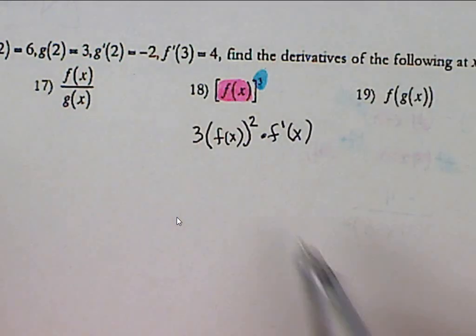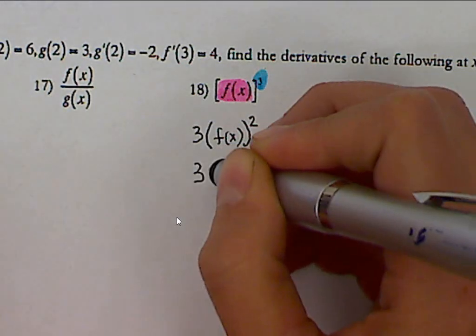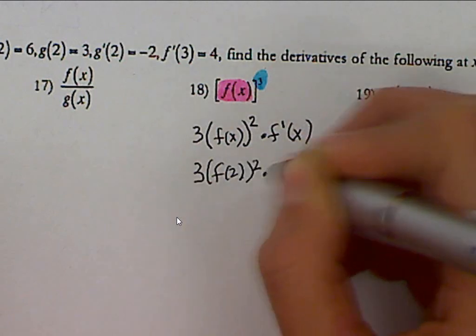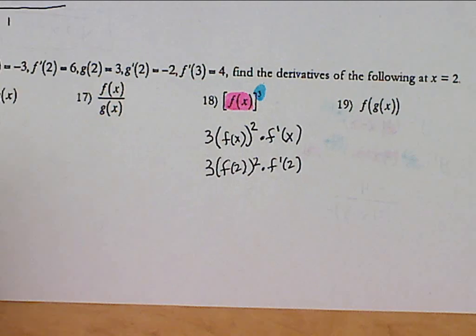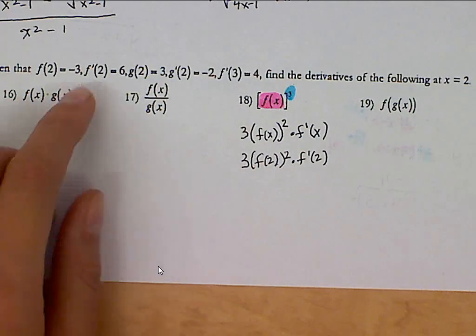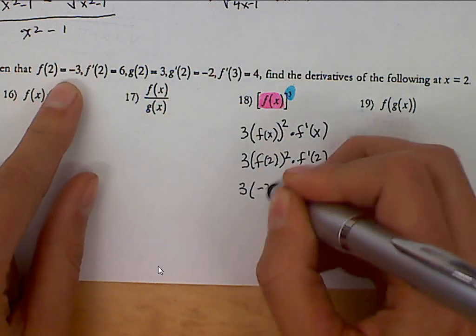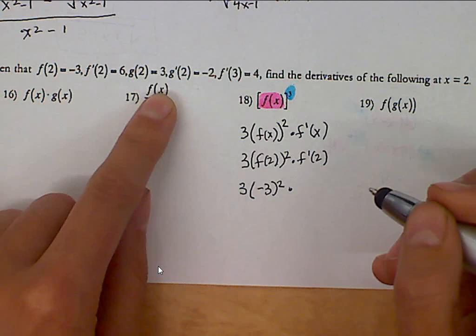So here is the derivative of that function, using the chain rule. And I'm supposed to find the derivative when x equals 2. So I have 3 times f of 2 squared times f prime of 2, and then I will just use the values that are given here. So 3 times f of 2, which is negative 3 squared, times f prime of 2, which is 6.